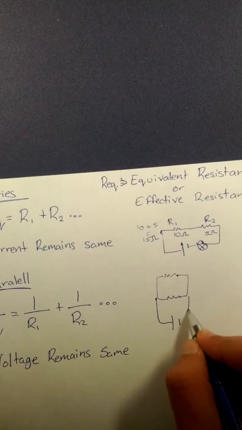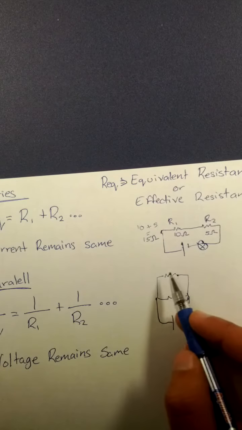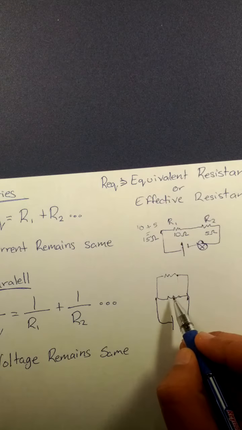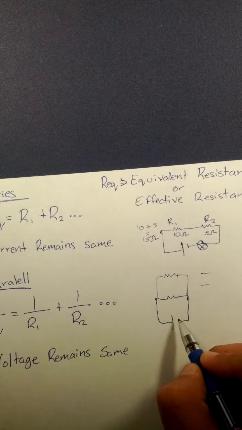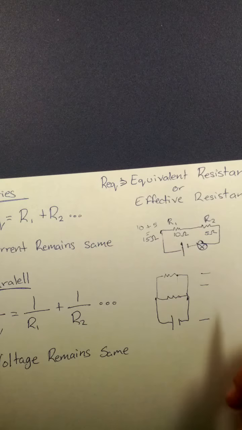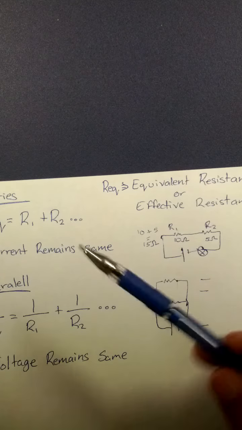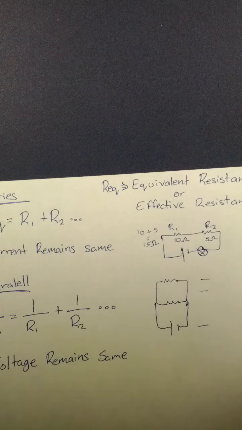You see how this is a complete parallel circuit. So you see how this resistor and this resistor are parallel, so they're never going to touch. The battery is parallel, it's never going to touch. They just keep on going like that. So in this, the voltage remains the same because it's from here to here to here.